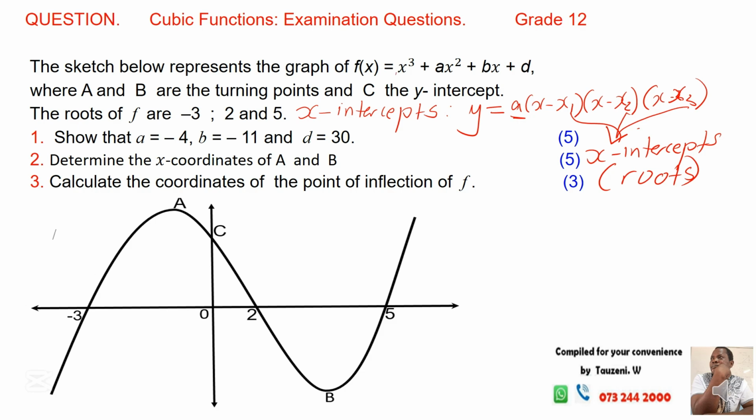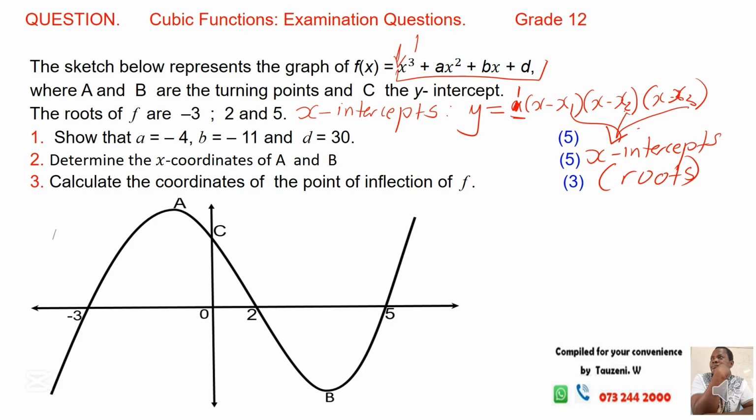Since the equation is already given, we are able to see that the coefficient of x cubed here is 1. And therefore, the value of a here is 1. Which means our equation is simply going to start with the 1 here. Then we replace x1, x2, and x3 using the x-intercepts that are there. Once we do that, we expand and simplify the expression.